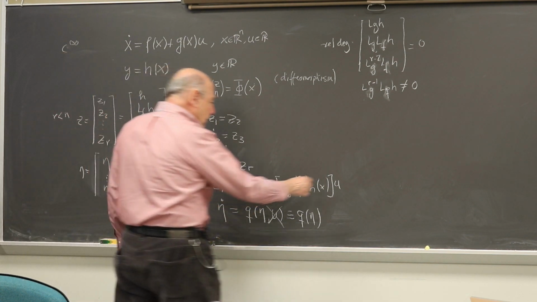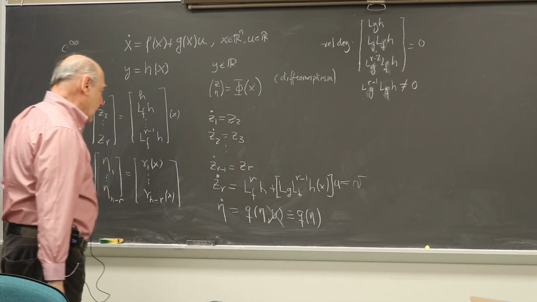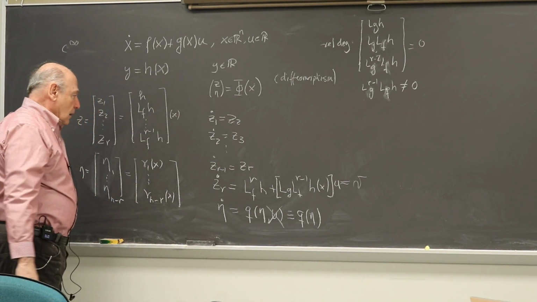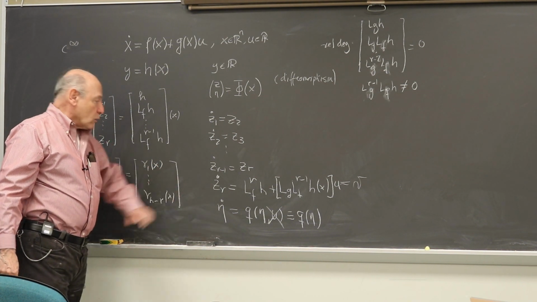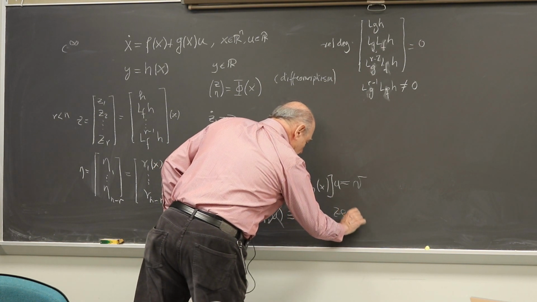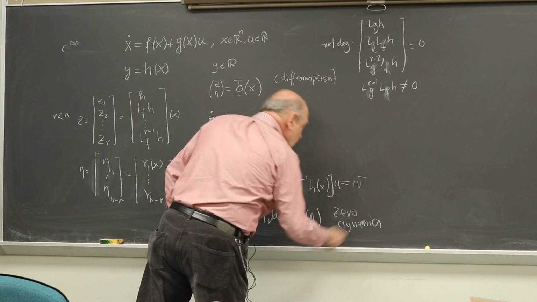So by redefining my control input as an auxiliary new input v, what we obtain is a nice chain of integrations up to order r, and the rest will be the zero dynamics. This is called the zero dynamics.